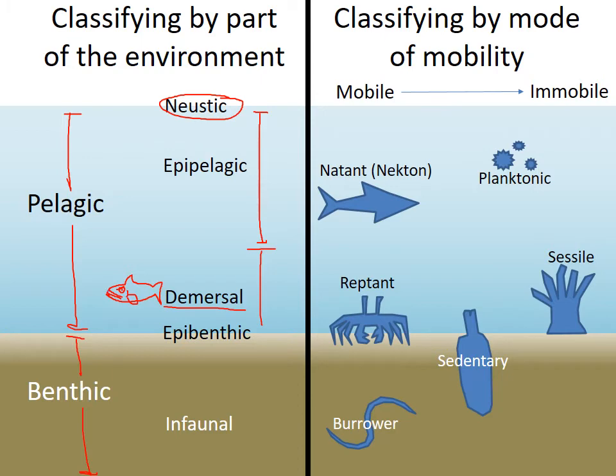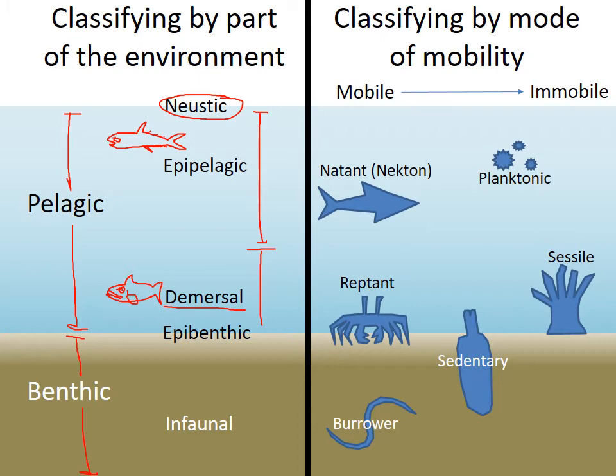And then a fish that lives higher in the water column, like a tuna, would be a pelagic fish, or epipelagic fish. And then epibenthic means things that live on the surface of the bottom, and infaunal would be things that live in the bottom.